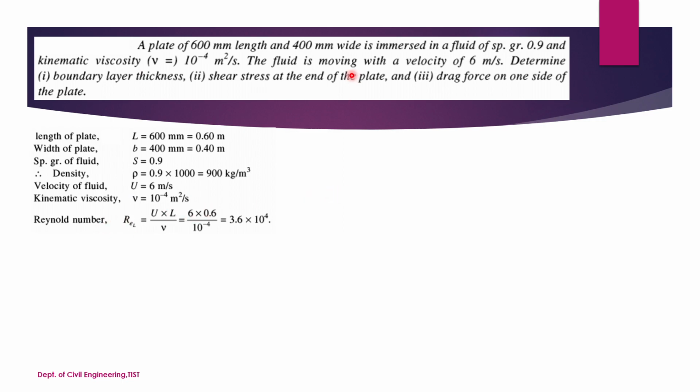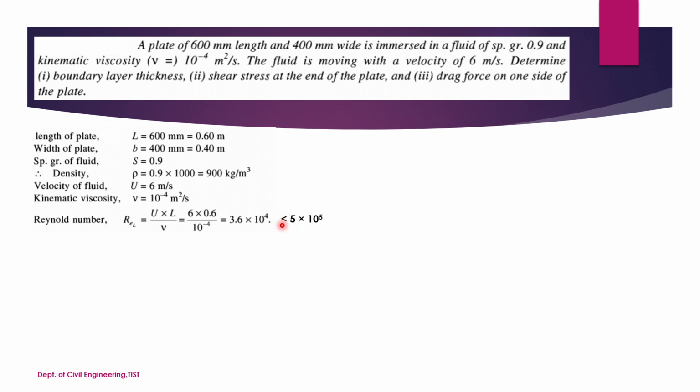Here the u by U value is not given, isn't it? So we can apply Blasius solutions for finding the unknowns. So the first step is to find out the Reynolds number. Here the Reynolds number is found out, and we'll compare this value with the standard values. We can see that the obtained value is less than 5 into 10 raised to 5.